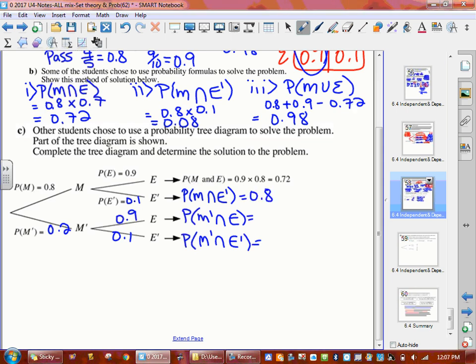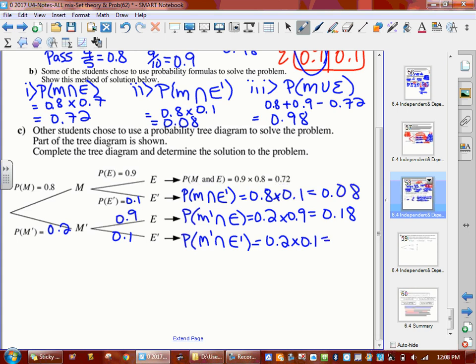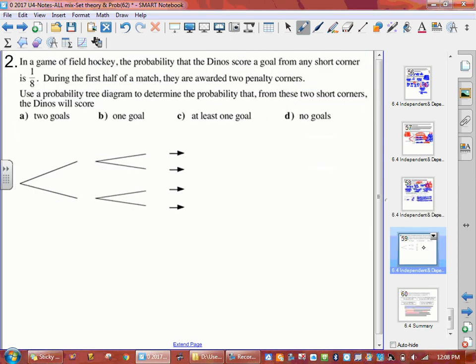So 0.8 times 0.1 to give us 0.08. 0.2 times 0.9 to give us 0.18. 0.2 times 0.1 to give us 0.02. So those are the probabilities you should have found. So as you can see, you can draw them in a tree chart, or you can draw them just in a probability chart.